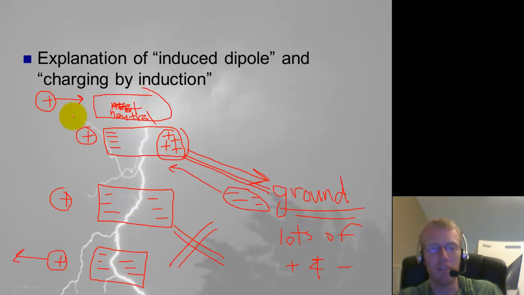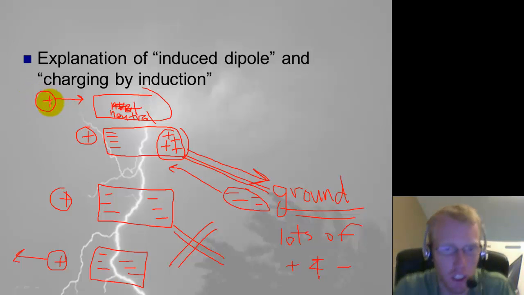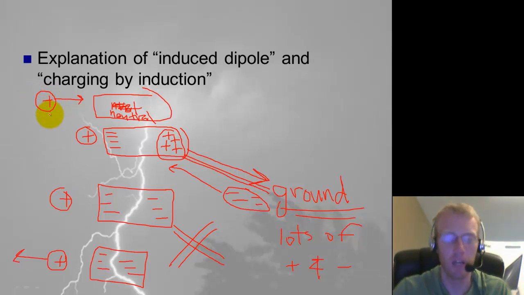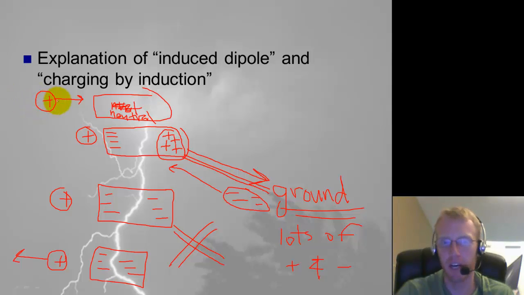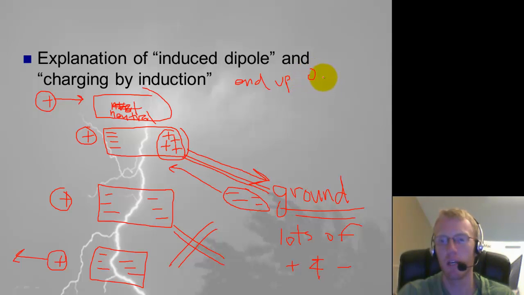So without ever touching this positive guy to this neutral object, it got charged opposite of it by connecting it to ground while in the presence of this charging object, whatever this other one brought. So if we would have brought in a negative guy, then the negatives would have been pushed away, positives would have been pulled on. So what always happens is you end up with the opposite charge of whatever object was nearby.